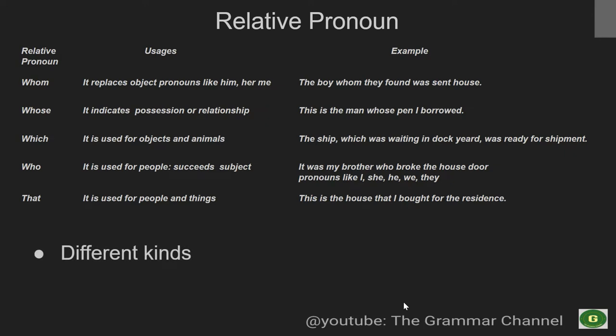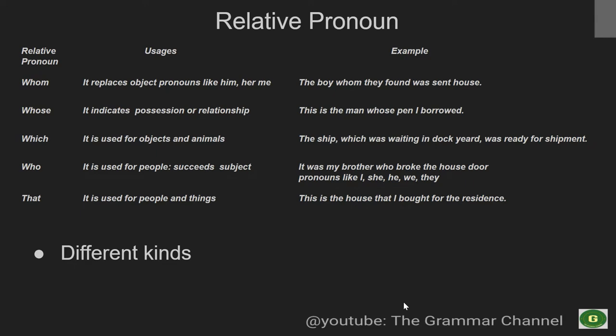Now, let's move on to different kinds. There are two types of relative clauses, defining and non-defining. Defining relative clauses describe a noun or a pronoun, so they are also known as adjective clauses.